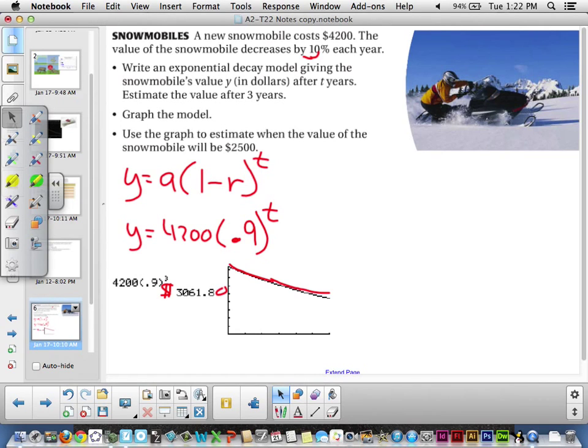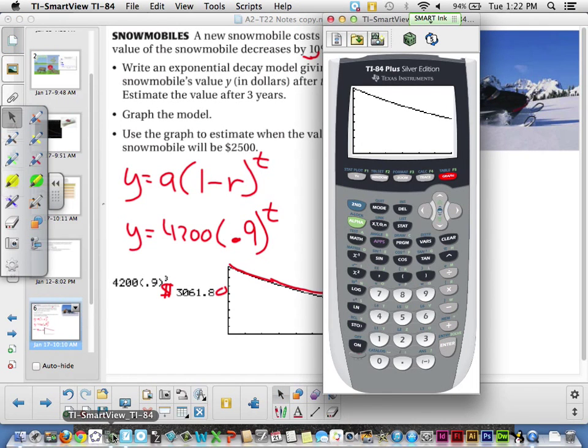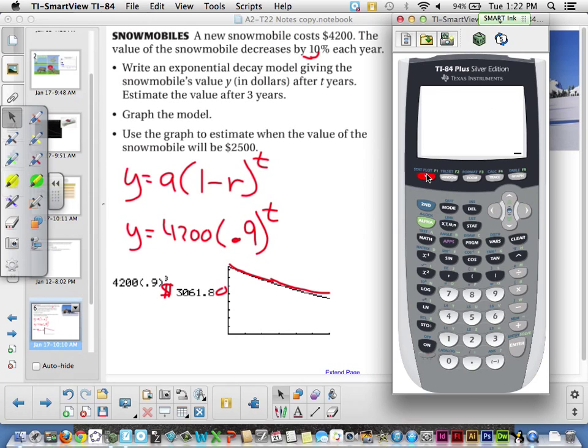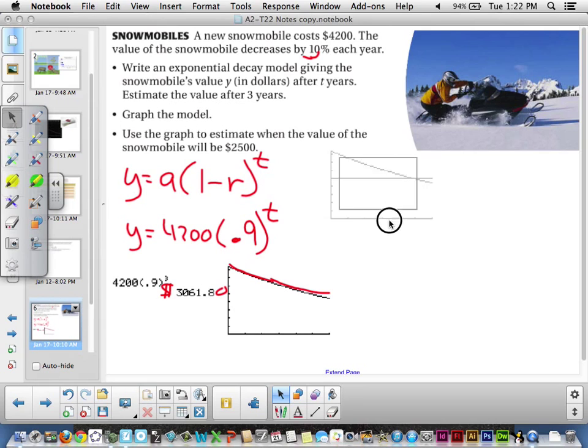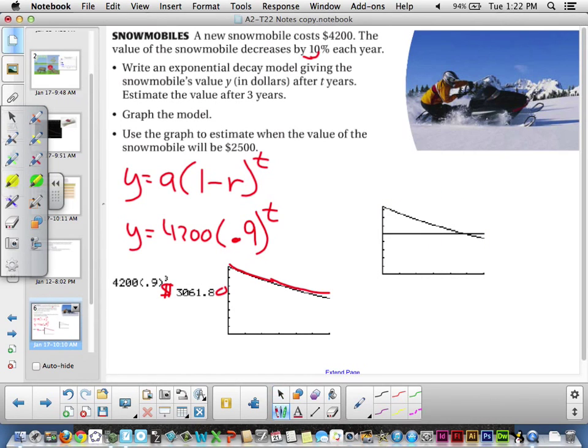All right, and our last question, use the graph to estimate when the snowmobile will be worth $2,500. Let's graph the 2,500 in Y2. Just see when they cross. You can see that they cross right here, which appears to be pretty close to the 5th year.